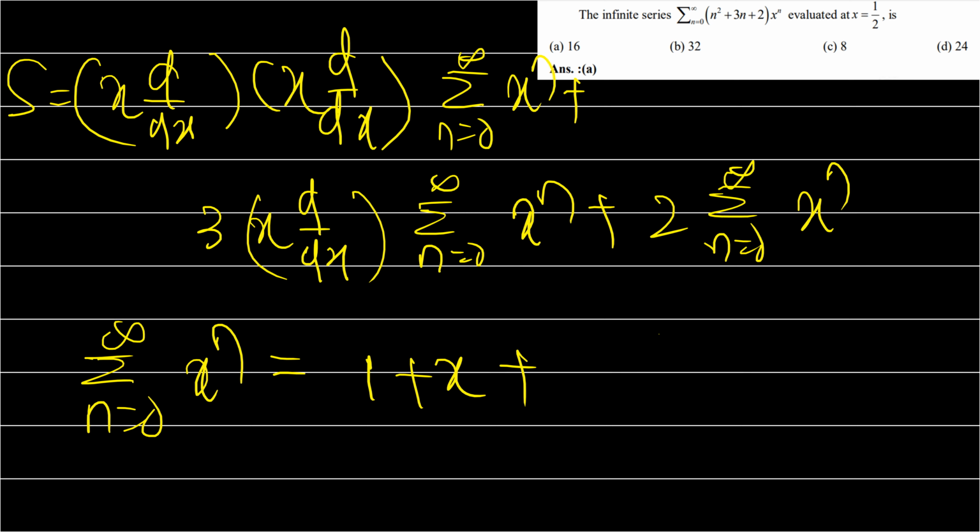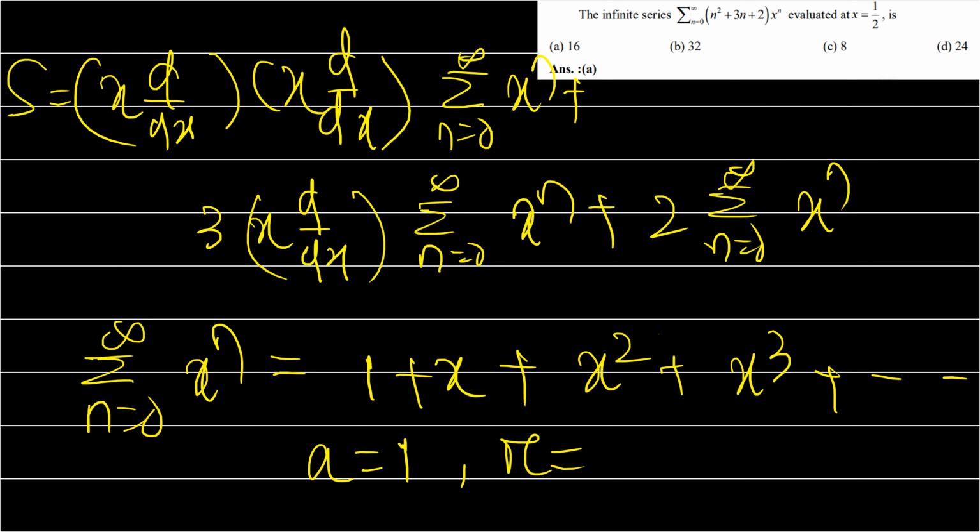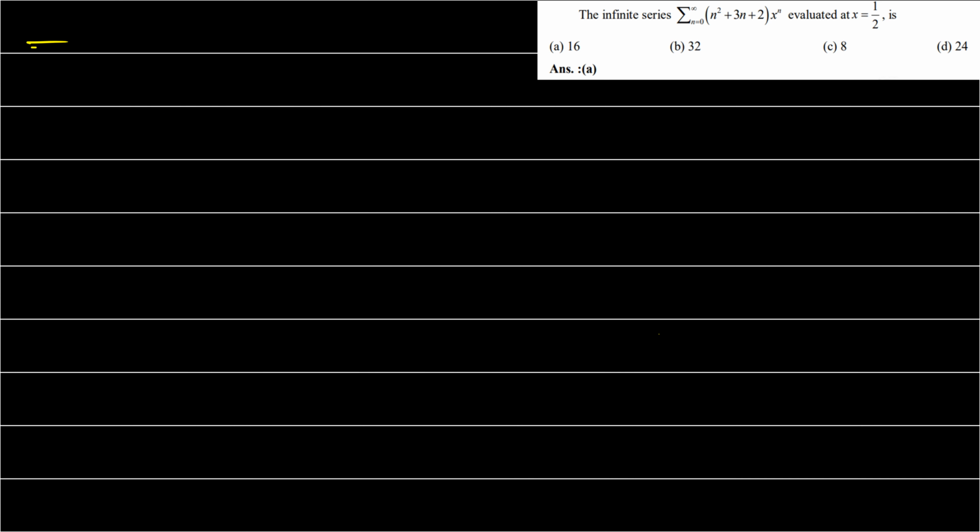series, that is 1 plus x plus x square plus x cube plus dot dot dot, where the first term is a equal to 1 and the common ratio r equals x. So the GP series will become, the summation term becomes 1 by 1 minus x.